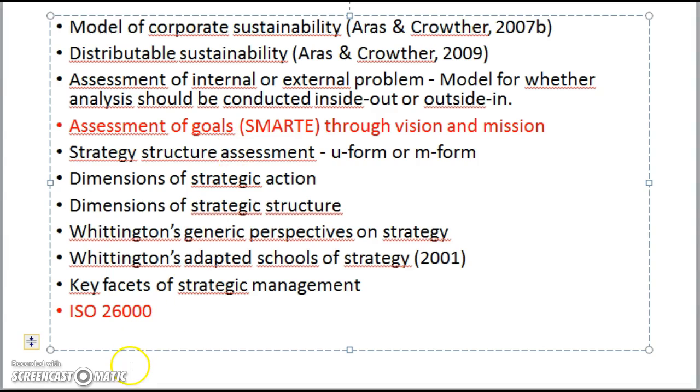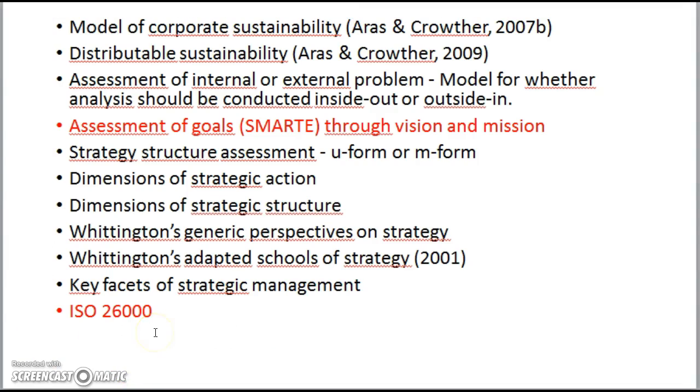ISO 26000, have a look at it. It's not compulsory, but areas that organizations can cover if they want to have a more social and sustainable approach to their products and services.